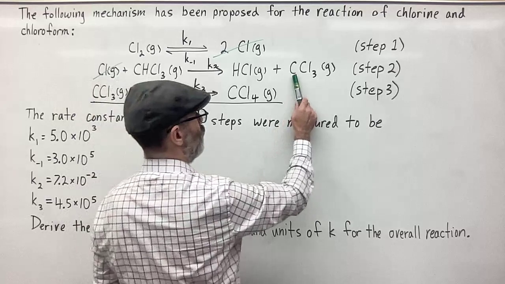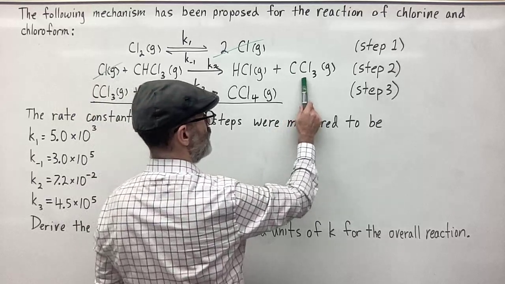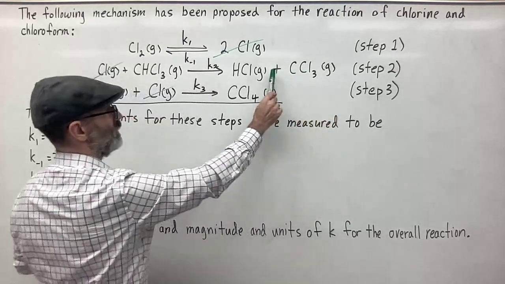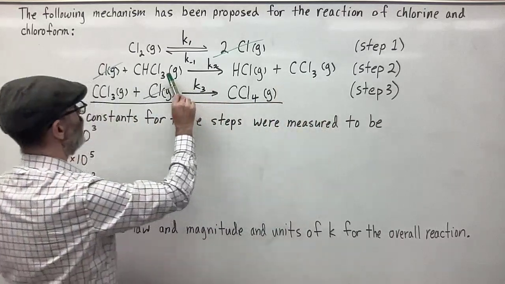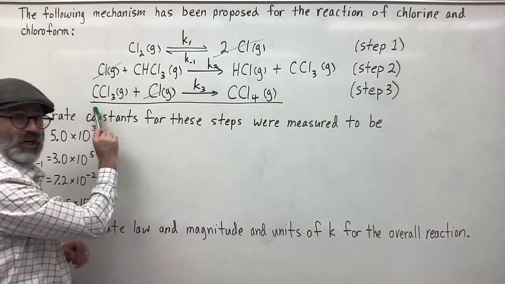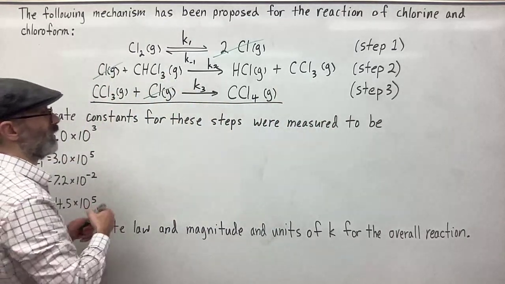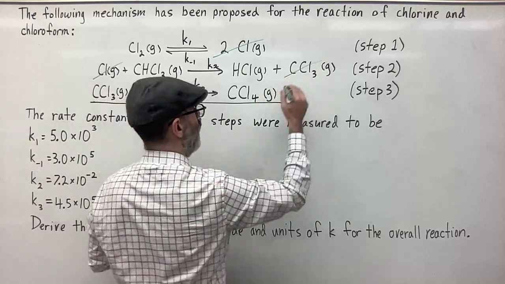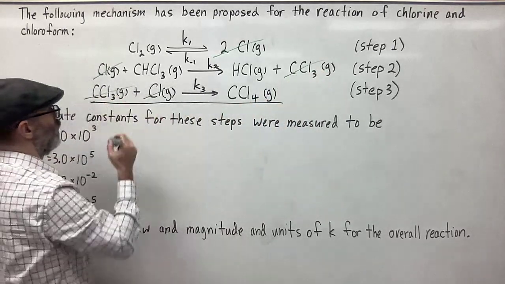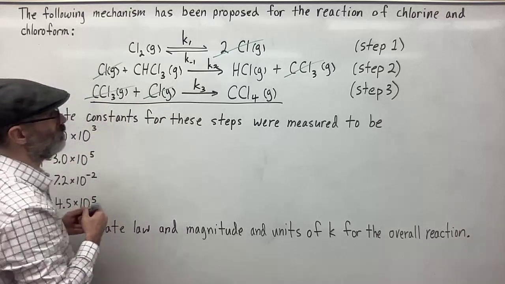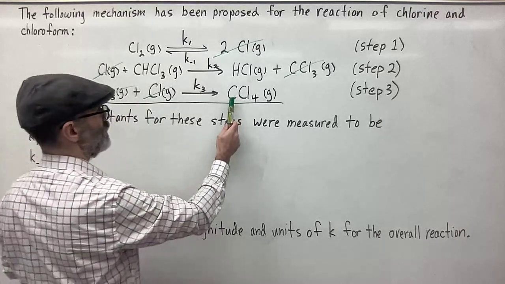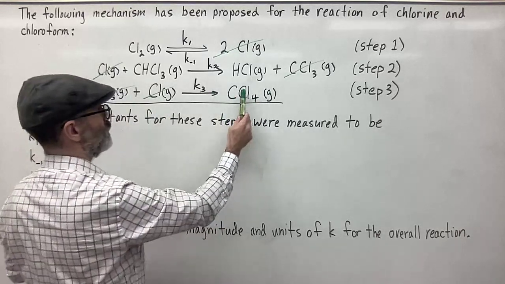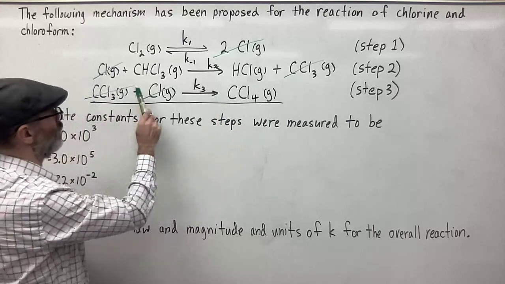Here I have carbon trichloride, CCl3 gas on this side as a product. On the reactant side, I have it over here once, so that'll cancel out. And I have CCl4 as a product, and that's not going to cancel out anywhere here.